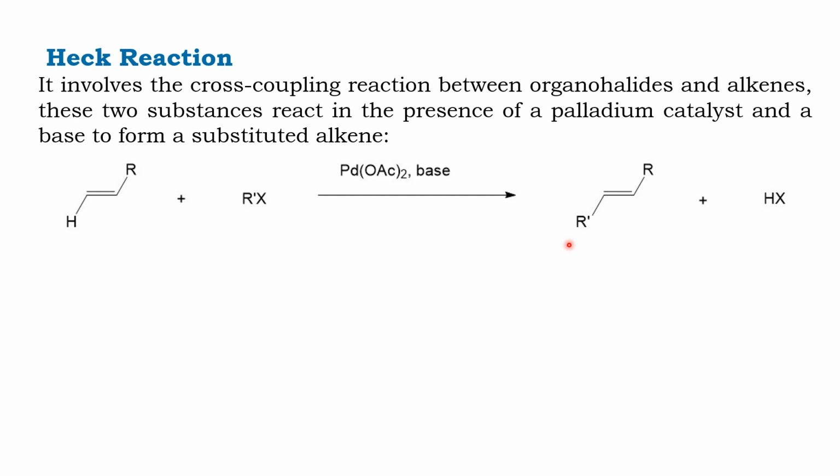Take down, see here, the H is replaced by the R dash of this alkyl halide in the presence of palladium acetate and base, eliminating HX, or hydrogen halides. This reaction is called the Heck reaction.